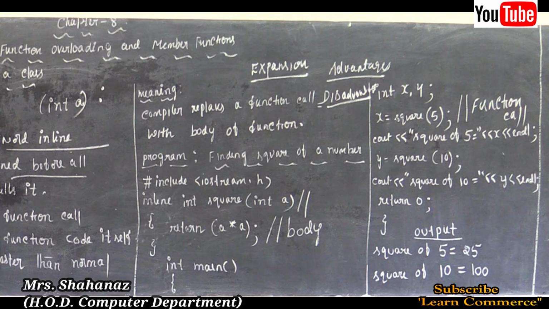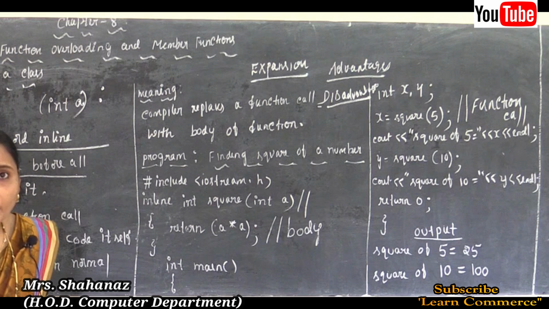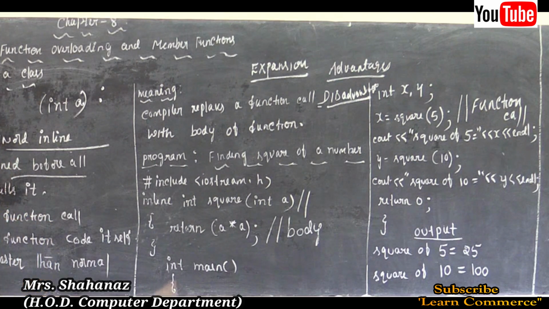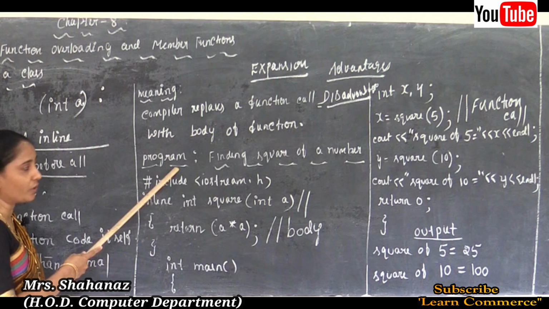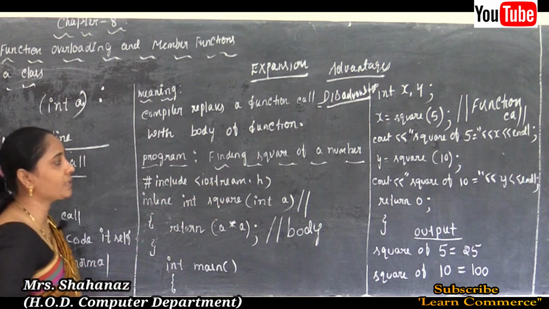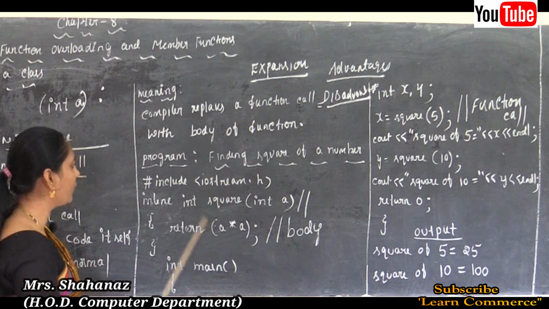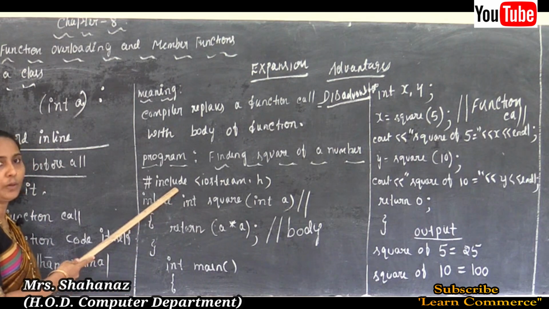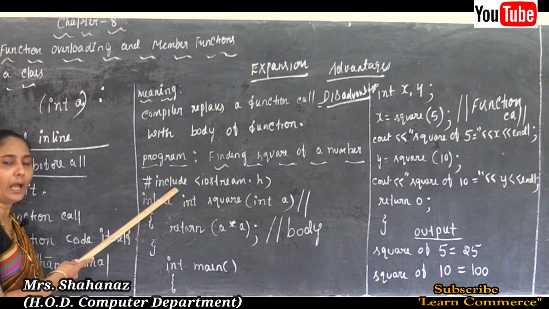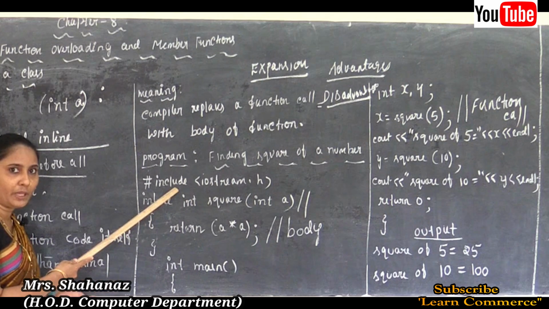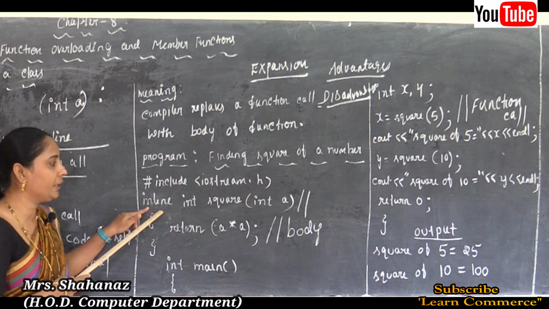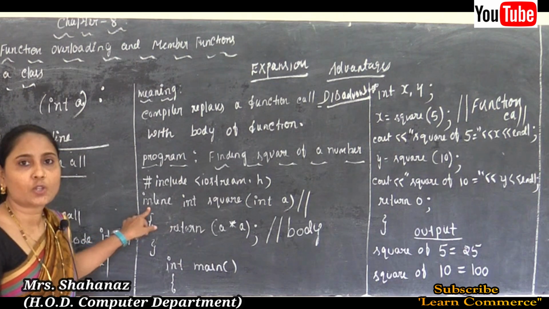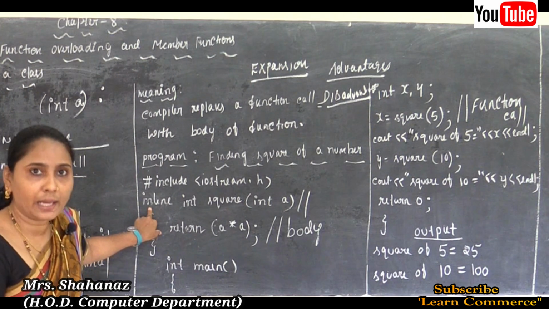Now let's see one simple program: finding the square of a number using an inline function. We know that the program starts with the header file iostream, to accept the input and display the output, and just this line, inline int square(int a), is called the definition of the inline function.